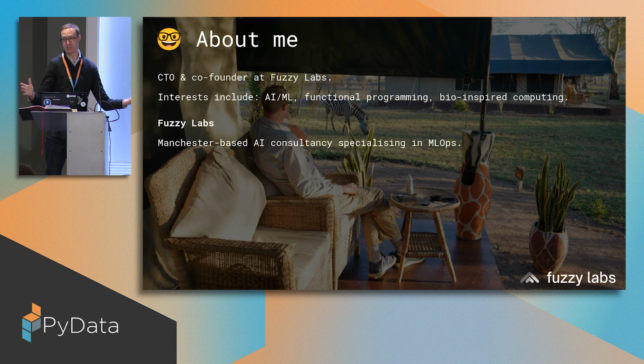We love open source. We use open source in pretty much everything we do as well. And for me personally, I'm interested in, well, probably everything, but if I have to narrow it down, AI, machine learning, of course, functional programming. I like to write Python as low as Haskell. My team loves that. And bio-inspired computing is good fun.